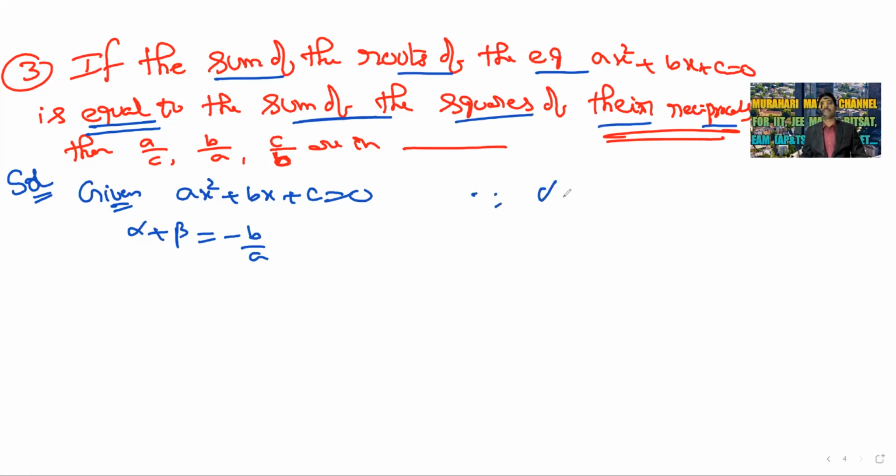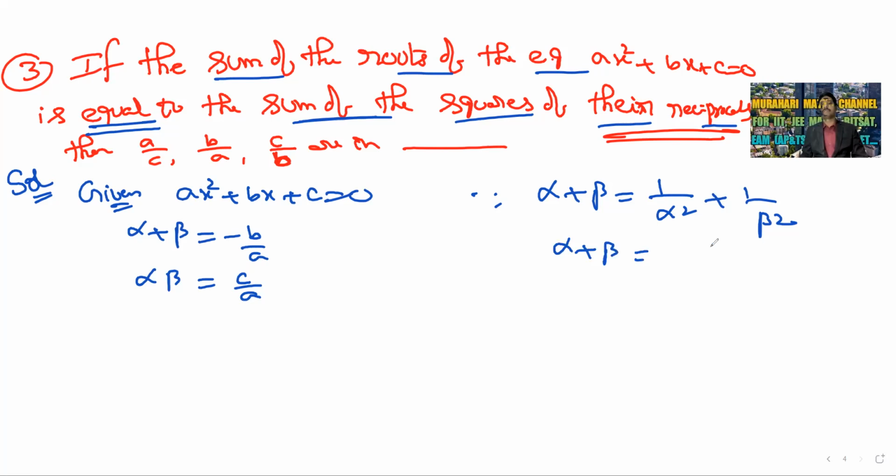So 1 by alpha square plus 1 by beta square is given. Alpha plus beta value is minus b by a, alpha beta value is c by a.